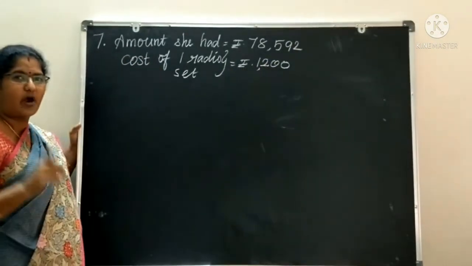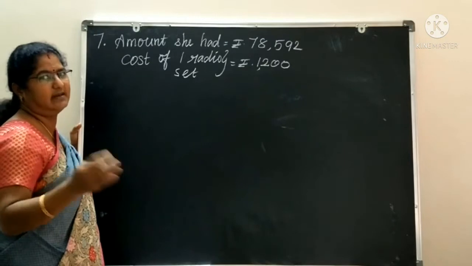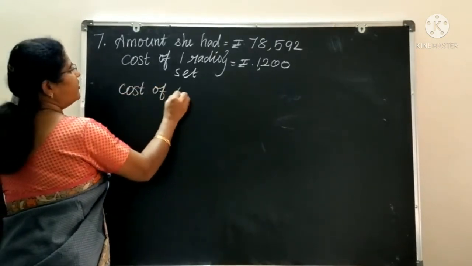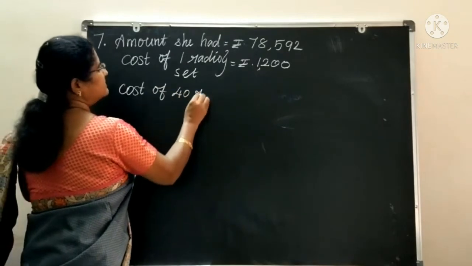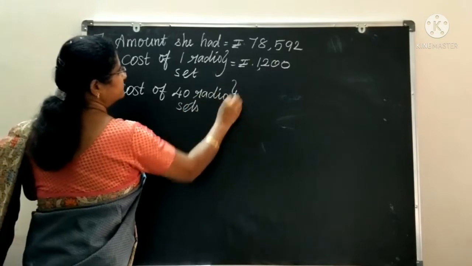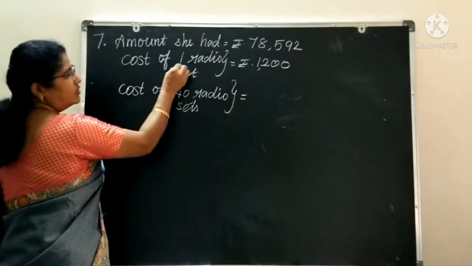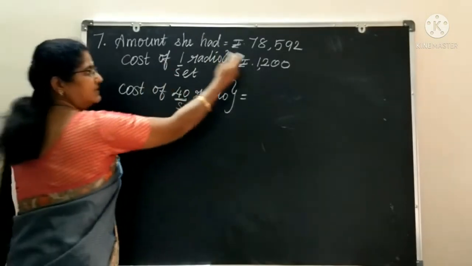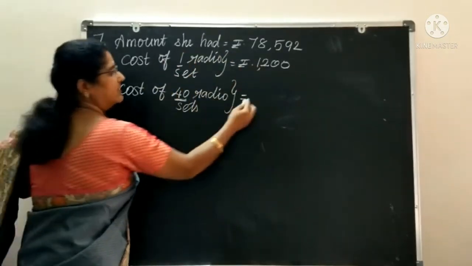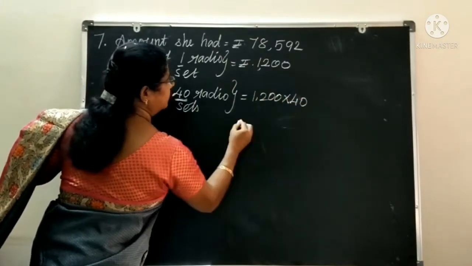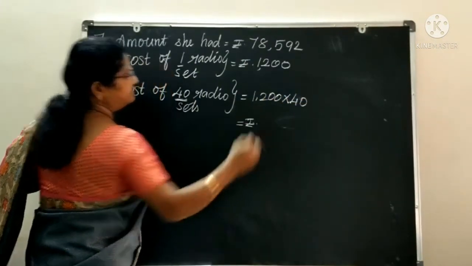So she bought how many radio sets? 40. So cost of 40 radio sets. So the given value is for 1, we need to find for 40. So what to do? Multiply by 40. So 1200 into 40. How much?